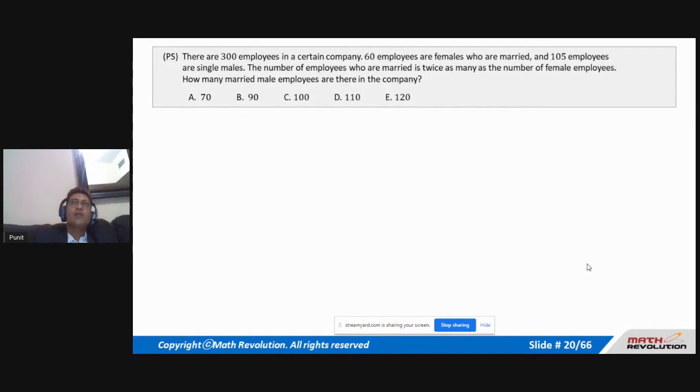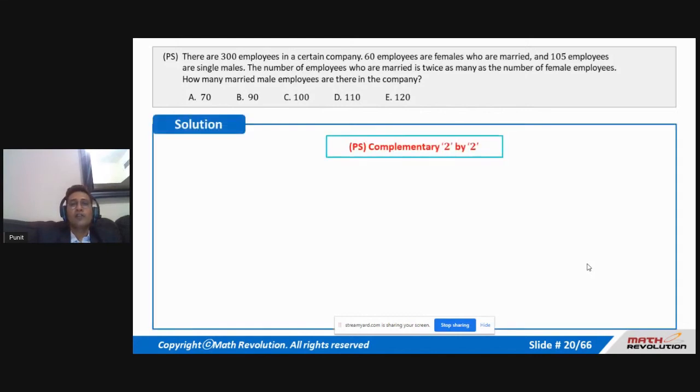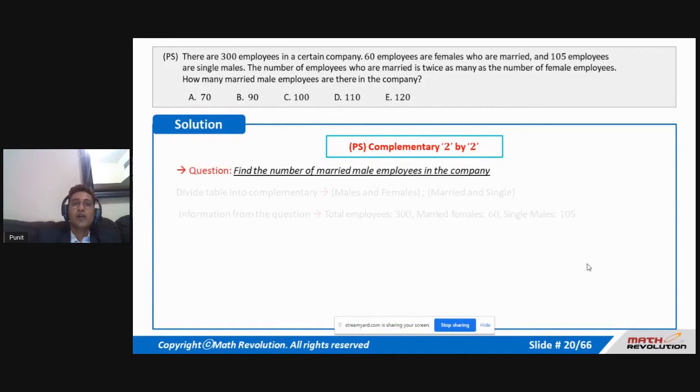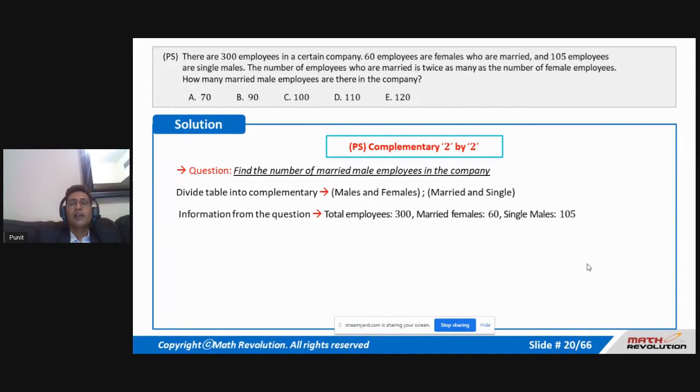So male and female are complementary words to each other. Single and married are again complementary words to each other. So I understand that this particular question would require a complementary 2 by 2 table for sure. We need to find the number of married male employees in the company. We'll divide the table into complementary males and females, married and single. Understand there are sometimes hidden 2 by 2 tables as well.